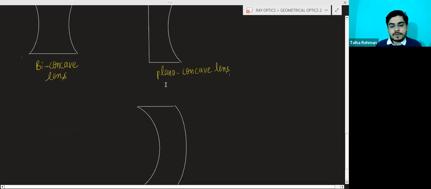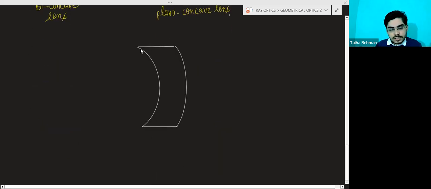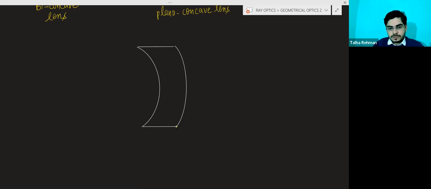Now another type of lens is this. This surface is concave, bulging inward, and this surface is a convex surface.